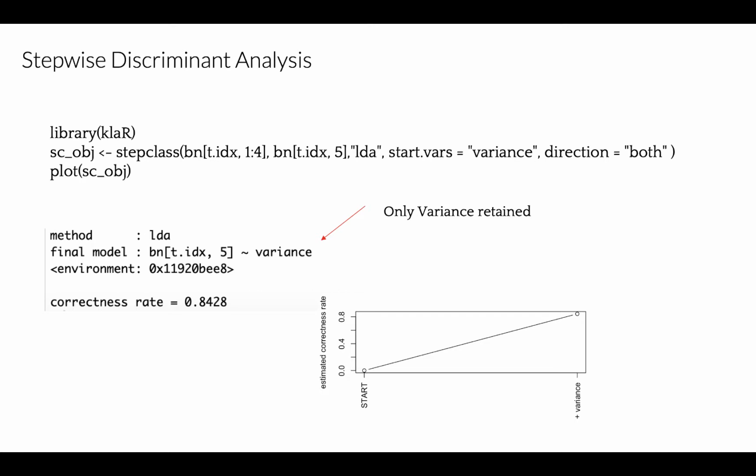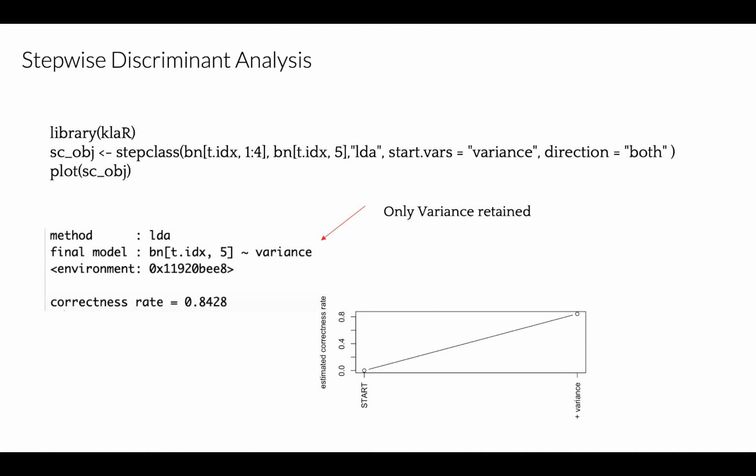You can also try a stepwise discriminant analysis from the library klaR. We start by building stepclass. The first parameter is our predictors, and the second one labels. We can include both directions, and if we have many variables, we can include a starting variable, or you can skip that to include all of the variables.